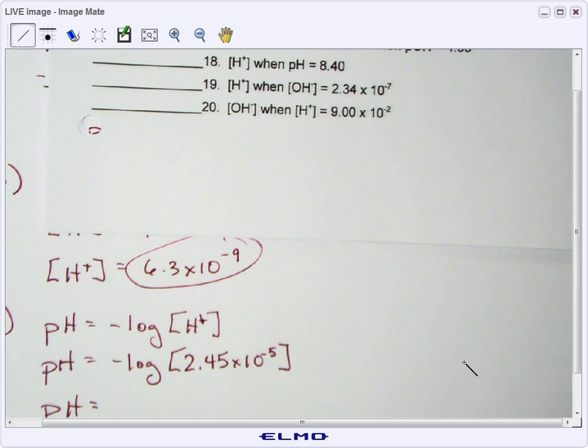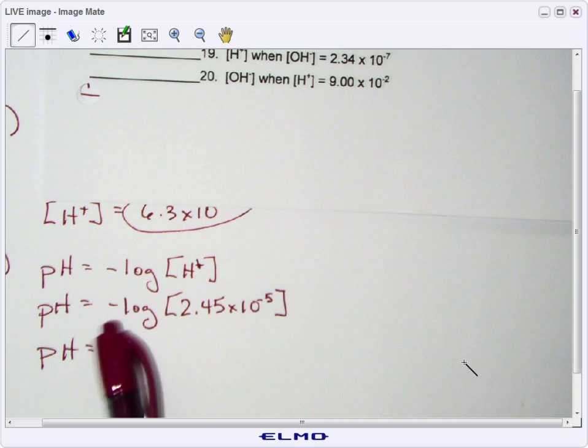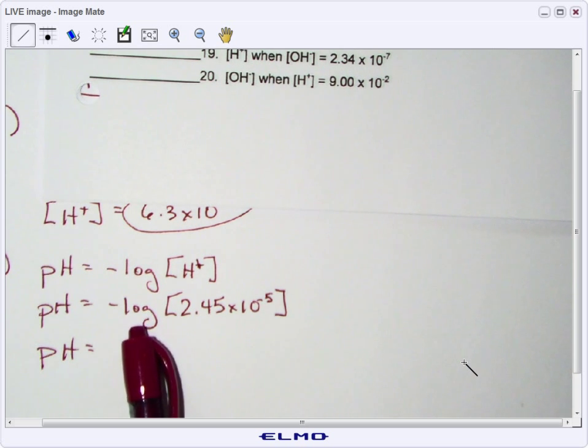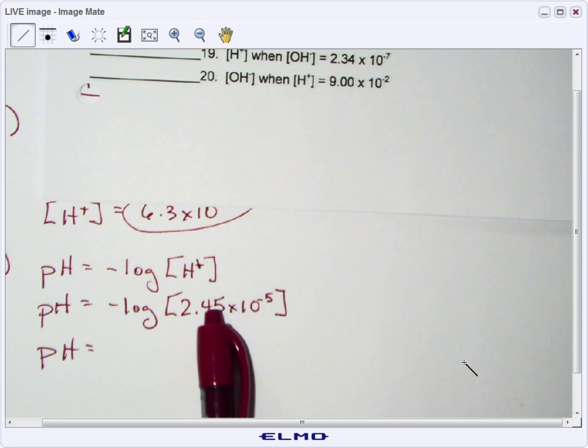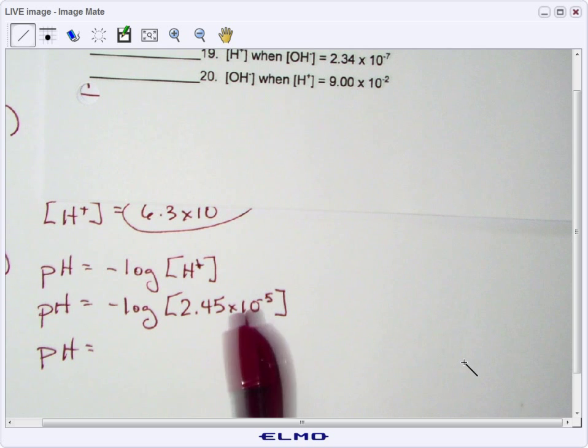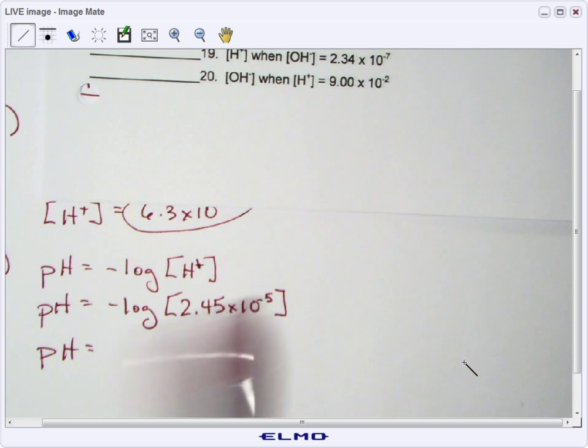So again, in our calculator, we would put negative log 2.45, not the times 10, but we're going to use double E, negative 5. We should all be doing this and following along. Don't wait for someone else to do it. Okay? Remember how to use your calculator.